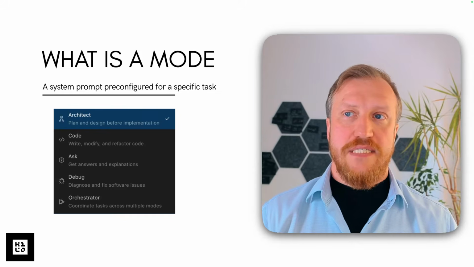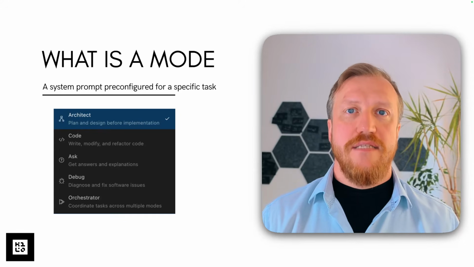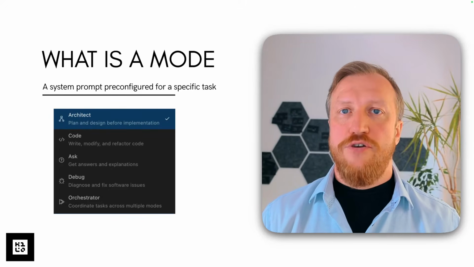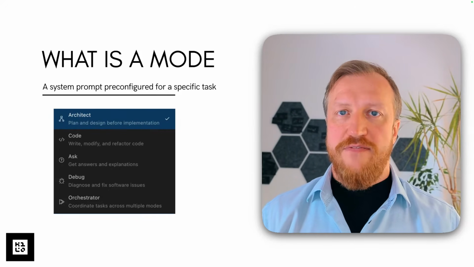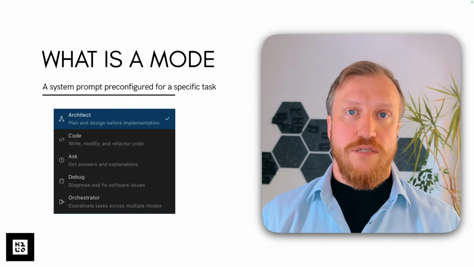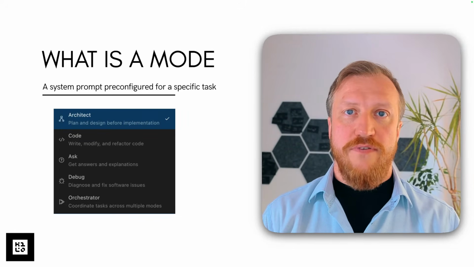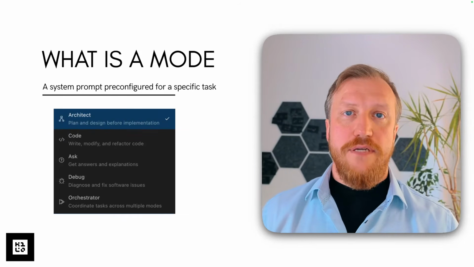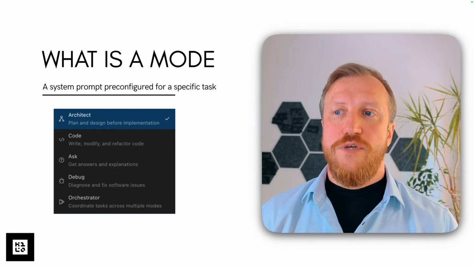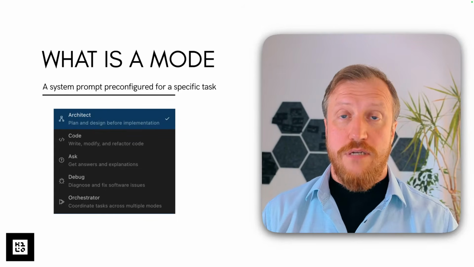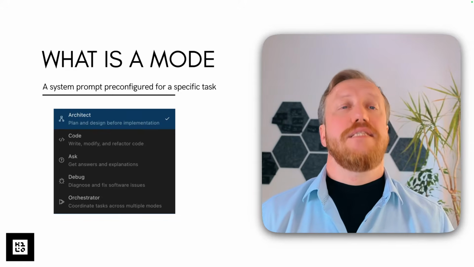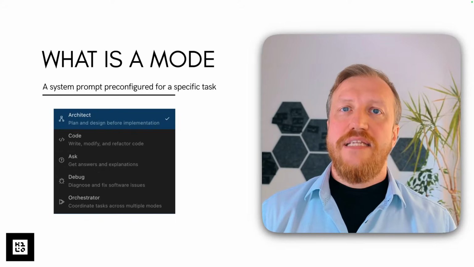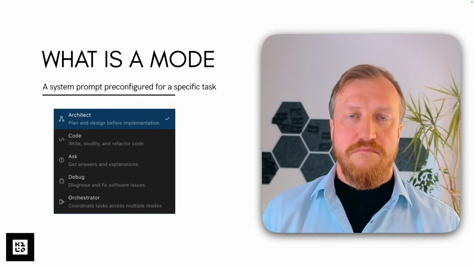Then Architect mode is designed to design plans, design changes before really applying them, so you can review them, agree with them, maybe modify something. Code mode is to write or refactor code, and then Debug mode is obviously for debugging. Then Orchestrator is a special mode. It's a meta mode, which doesn't do anything with your project by itself, but it splits the task you gave into smaller tasks, subtasks, and then delegates them to modes accordingly.